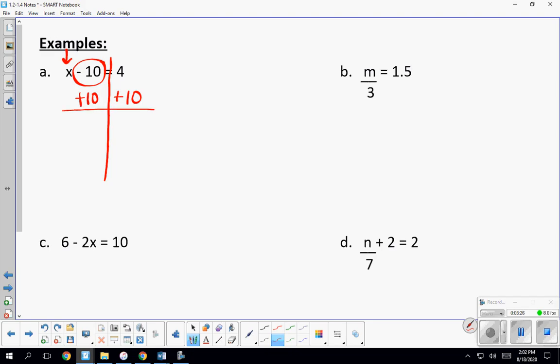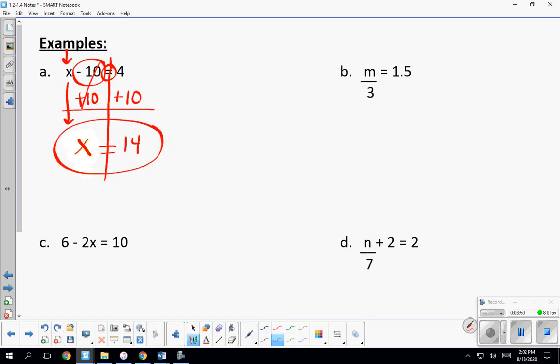And then it's just a problem like we would complete. So 4 plus 10 is 14. My equals is always stationed right on that line. Negative 10 plus 10 is 0. And all we're left with is x, so the x will drop down. Once we have isolated that variable, that means it's the only thing on one side of our equation, then we're totally done. And so this is your answer.